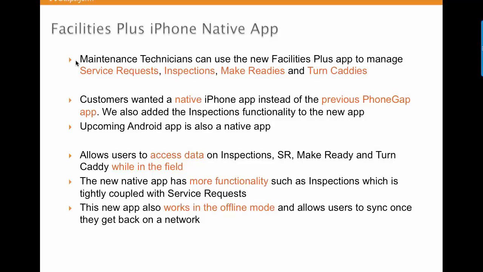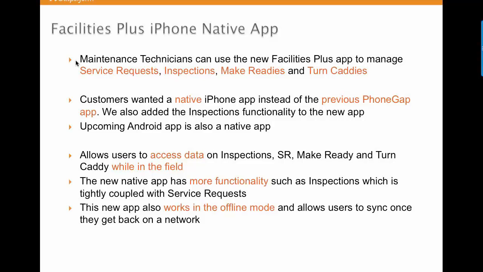So let's first look at why we actually built this iPhone app and why we are working on the Android app. Most of you are probably already familiar with the mobile app available for OneSite maintenance. That app was built using PhoneGap, a framework for building mobile apps.